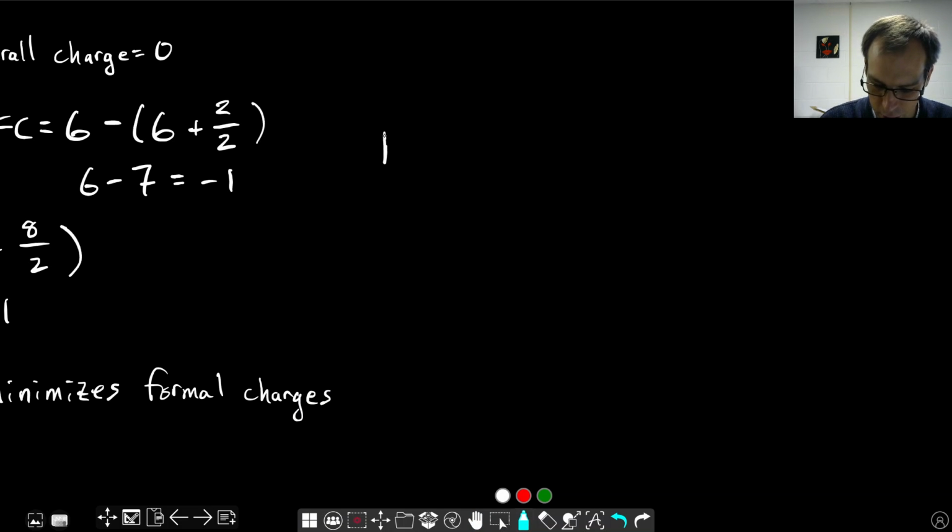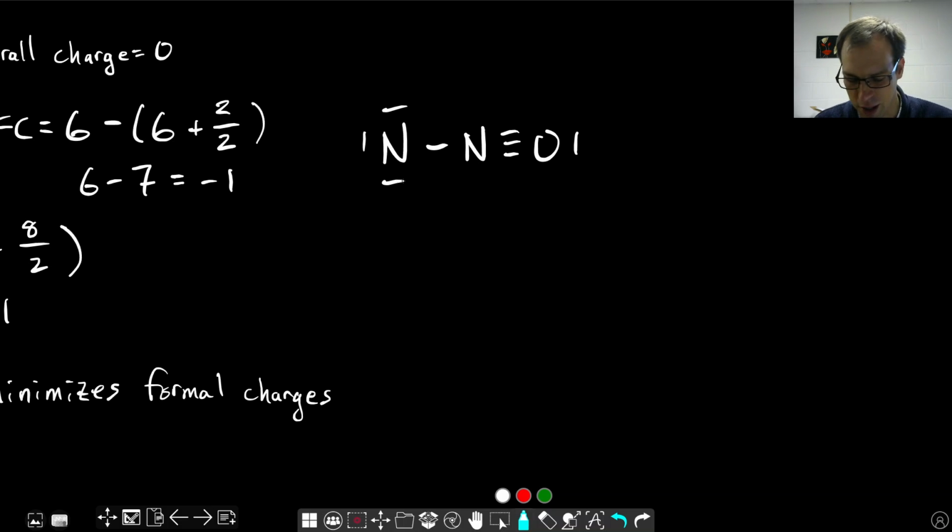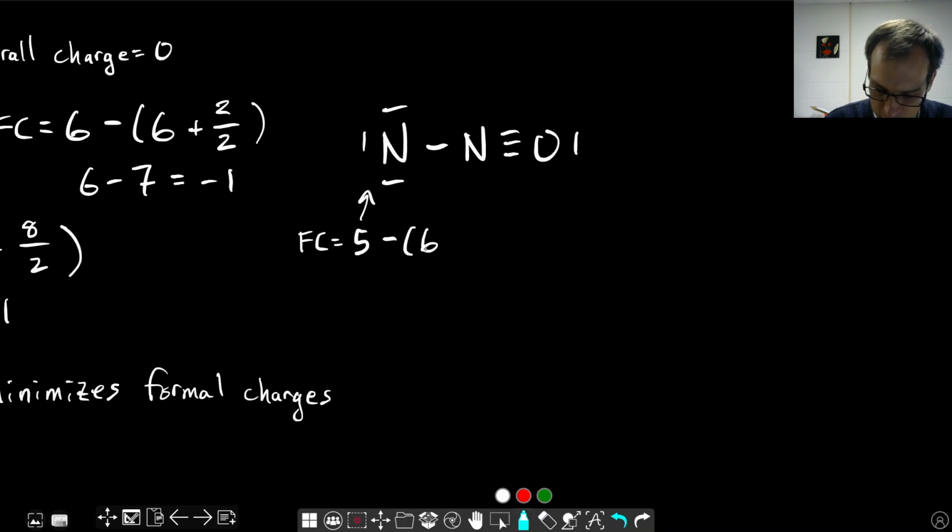Okay, so we'll go to the one where we have nitrogen, and a triple bonded oxygen instead of a triple bonded nitrogen on the other side. So let's go ahead and calculate the formal charge of this nitrogen here. So again, our formal charge is equal to 5. We start with 5 valence electrons in free nitrogen, minus 6 electrons in non-bonding electrons, plus 2 over 2, or 2 electrons in our bond here.